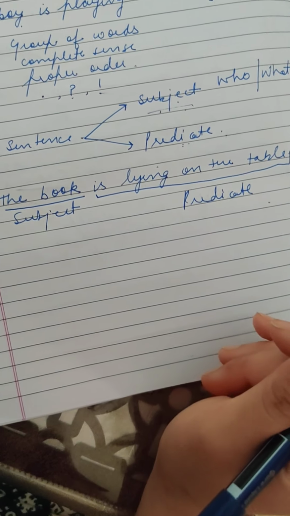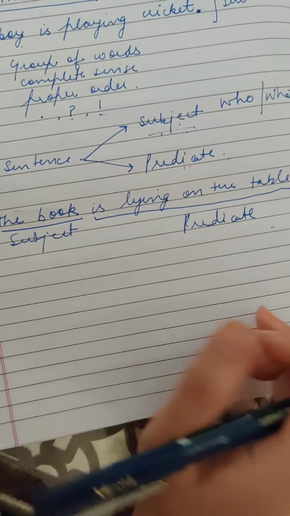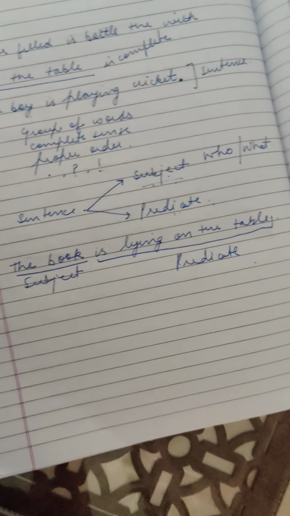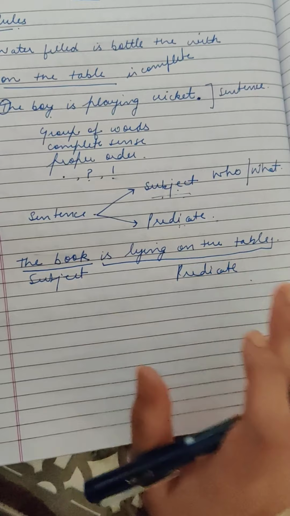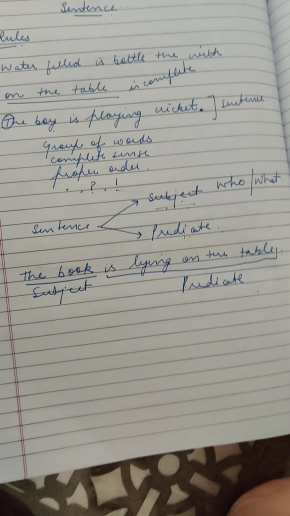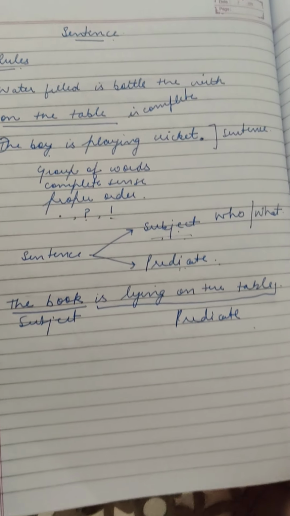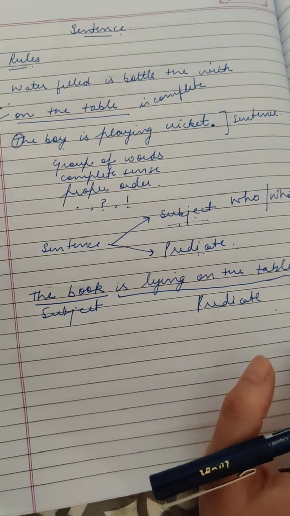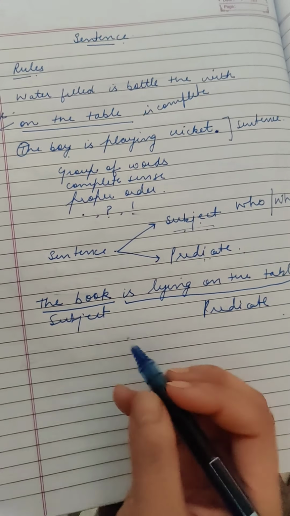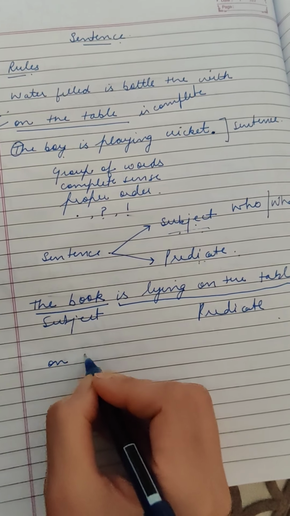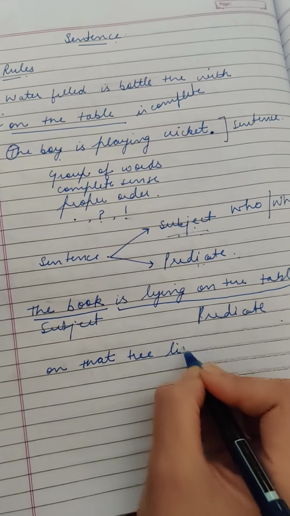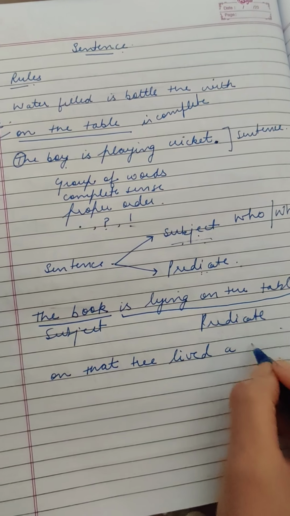Now, you will most of the time find that the subject comes first and then comes the predicate, but some of the time the subject will come after the predicate. How will this happen? If I write a sentence, "On that tree lived a bird."